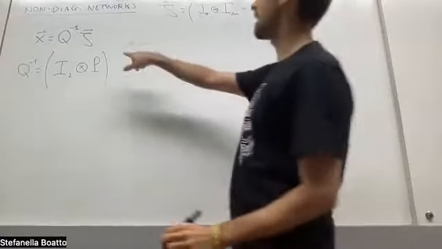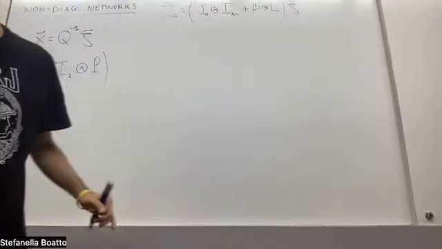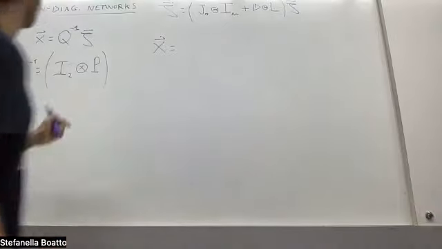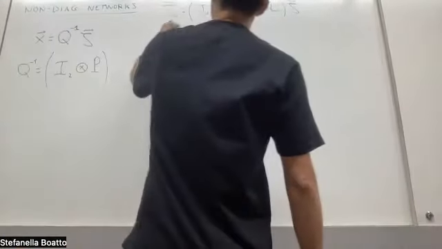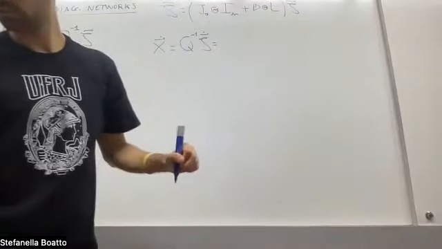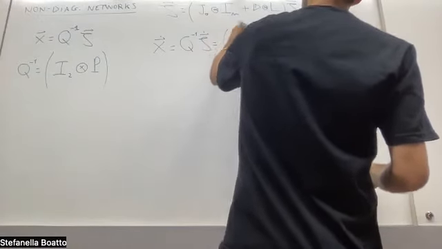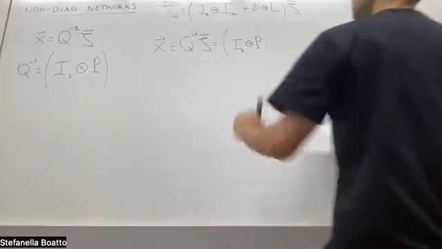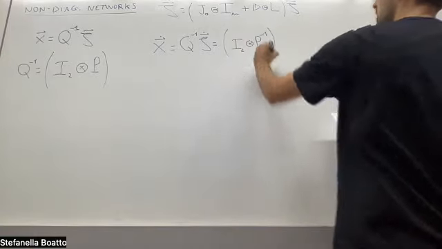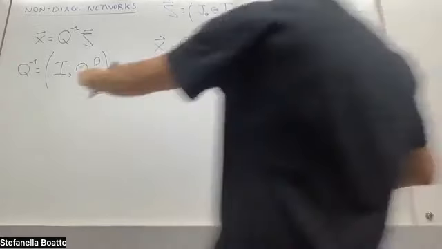Now we rewrite the perturbation in the new basis. So the time derivative of x is Q minus 1 z, and so we have the identity 2 times 2 with P minus 1. Yeah, sorry.